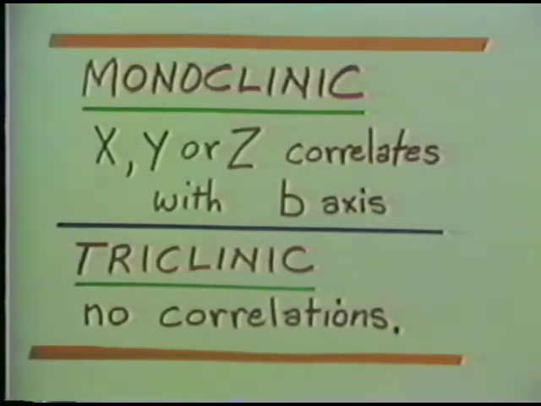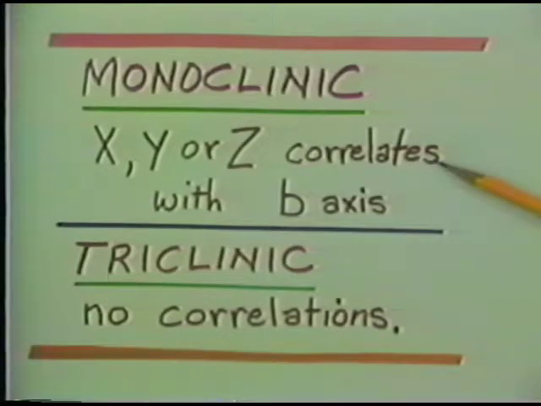Now, what if the biaxial mineral that you're looking at is not orthorhombic? What if it's monoclinic or triclinic? And this shows the relationships now between X, Y, and Z and the A, B, and C crystallographic axes in monoclinic and triclinic cases.